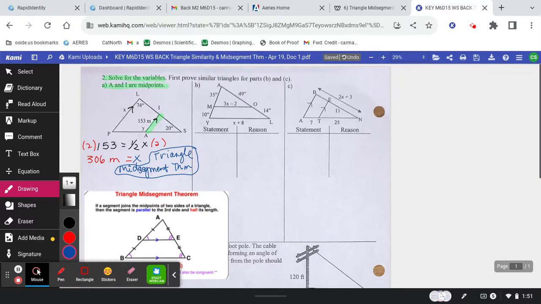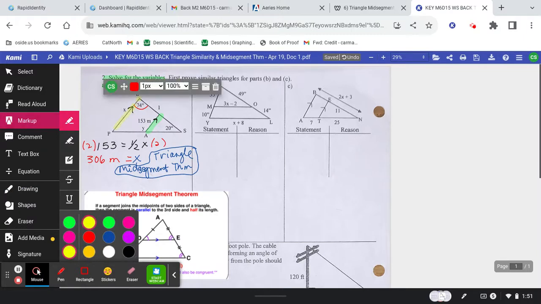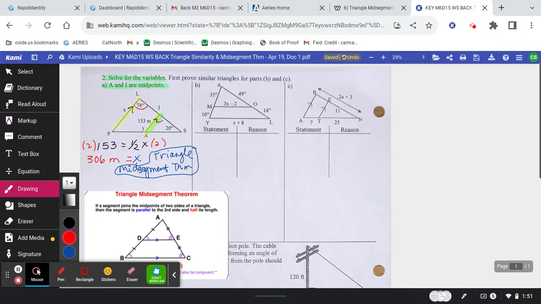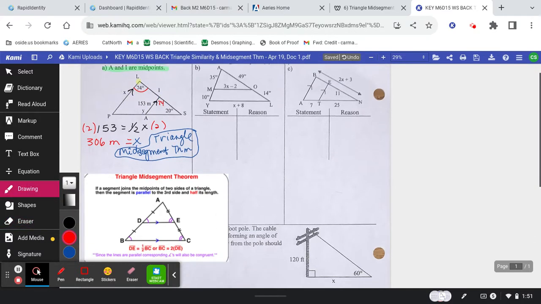Well, what can I tell from the picture since I have parallel lines? If this is a 74 and these two lines are parallel, couldn't I say that this is also 74 by corresponding angles are equal? Okay, so I can say that by corresponding angles, that one's also a 74.